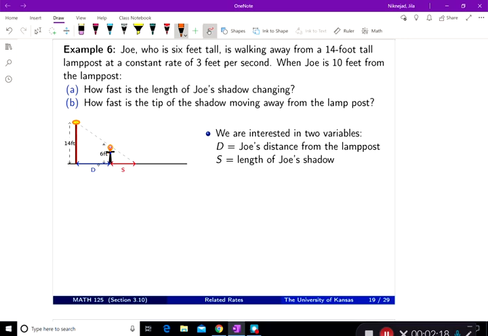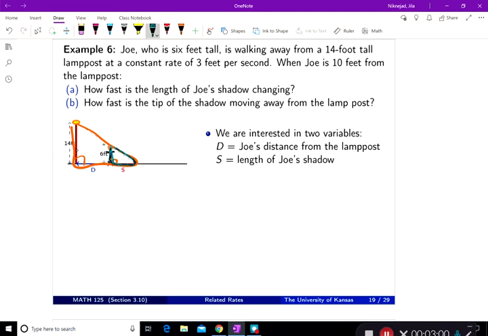How are these related? The lamppost is straight up, so it's making a 90-degree angle with the ground. So is Joe, and so you can see two triangles in here. One is this one, and the other is this one. Because Joe and the lamppost are both perpendicular to the ground, they're parallel to each other.